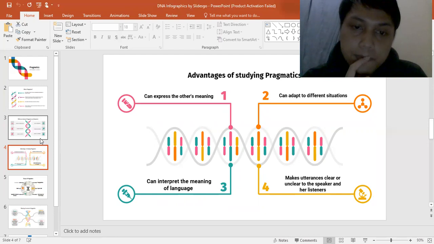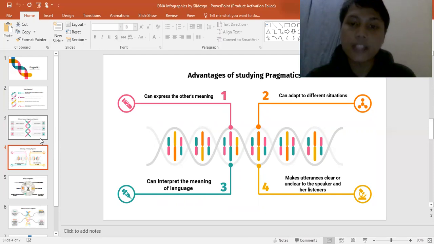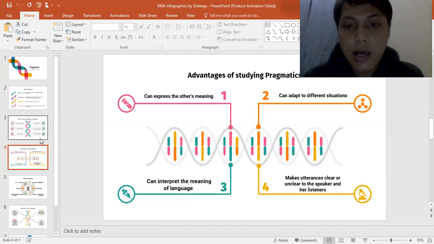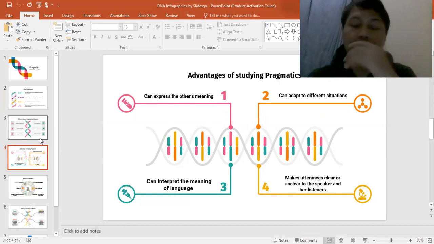The benefit of studying language through pragmatics is that people can express other meanings. The important disadvantage is that analyzing people's concepts objectively is hard.